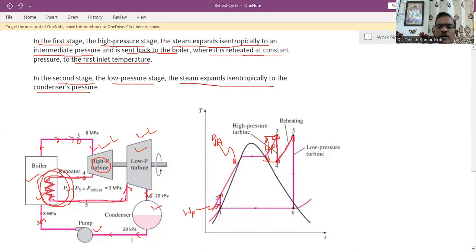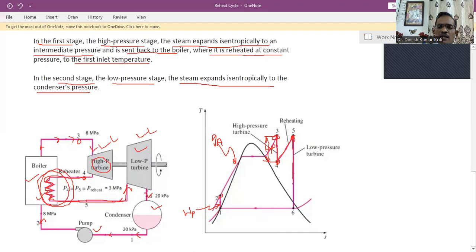So 4 to 5 shows the reheating of the steam, where heat is added at the same pressure and the temperature is increased. At point 5 the steam enters the low pressure turbine and isentropic expansion takes place up to point 6.